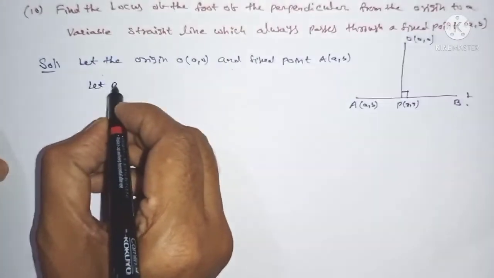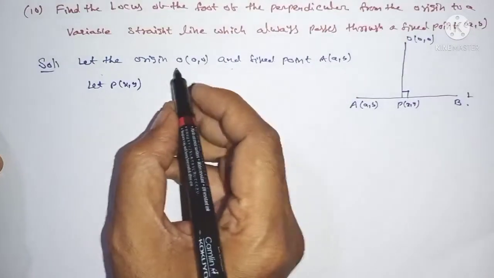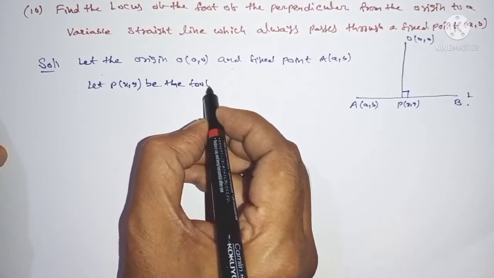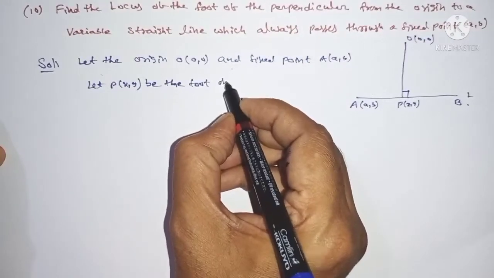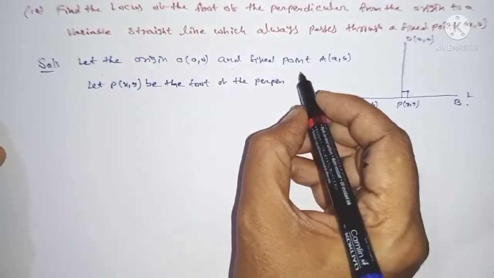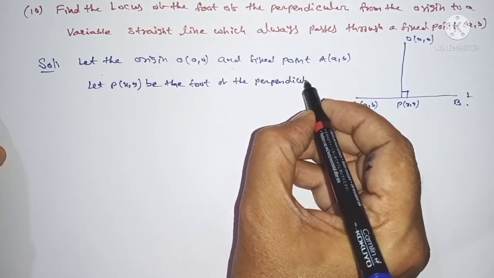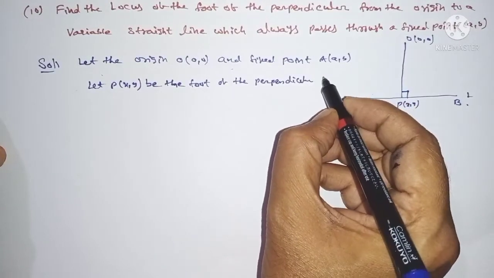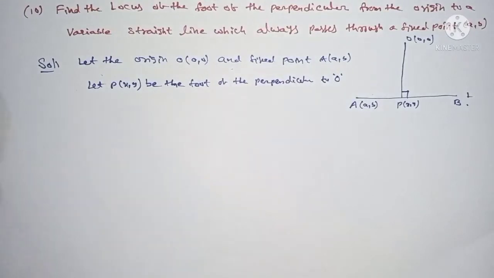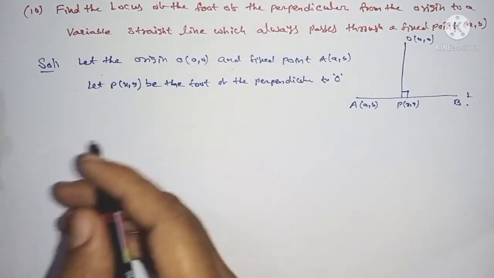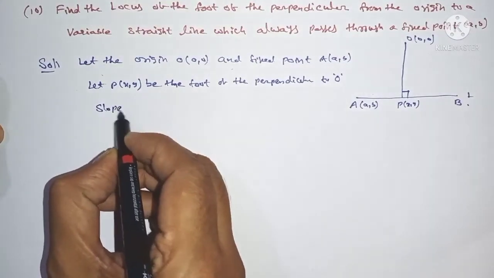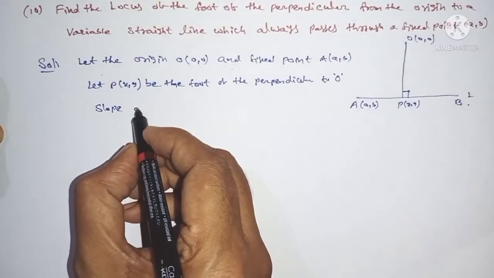Let p of x comma y be the foot of the perpendicular to the origin. Observe here this 90 degrees. Therefore, I am writing the slope of OP.